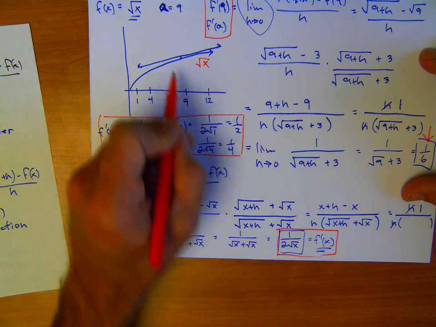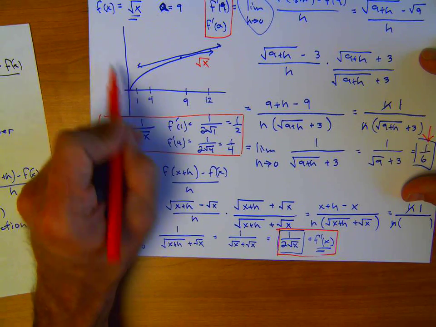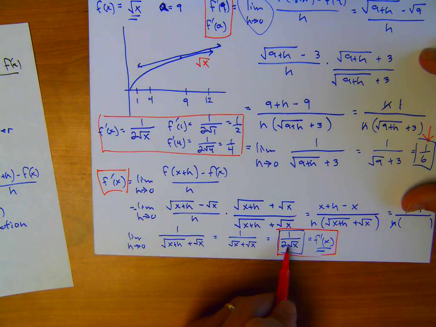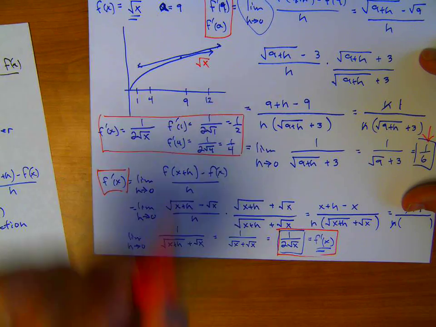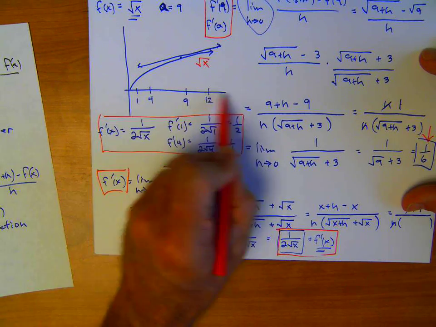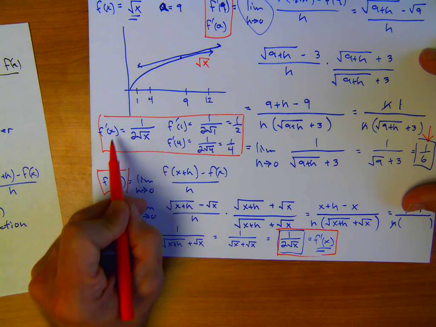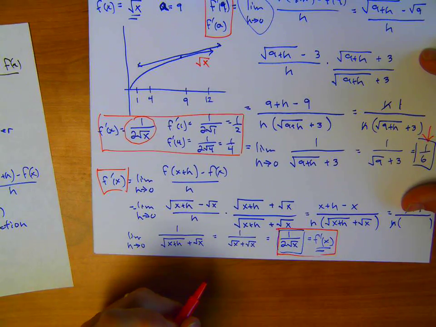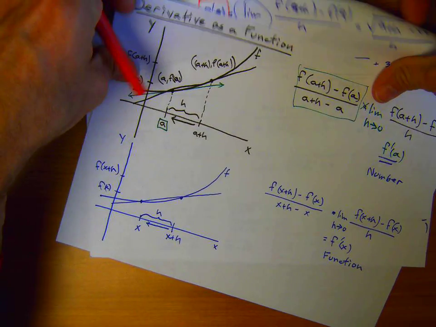All right, so at any point in the domain, so it won't work for anything that's negative because we can't take the square root of a negative number. In fact, it also won't be defined at 0. Notice here if I put in 0, this is undefined, but that's because I end up with a vertical tangent line at the origin. But anything else here, I can find the slope of the tangent line at any point x by using this formula and putting in the number for x. Okay, so that's just about everything.